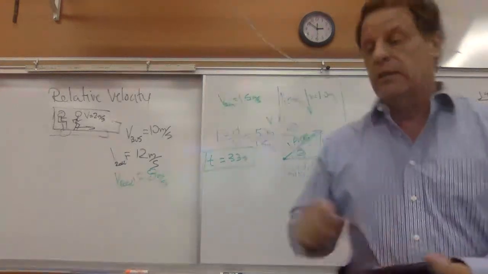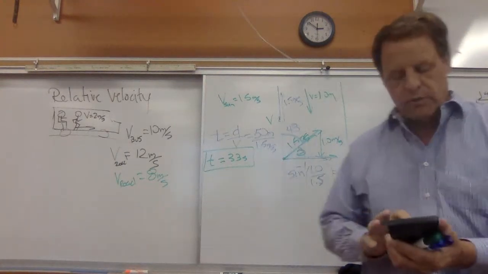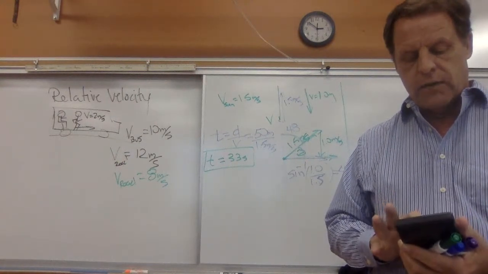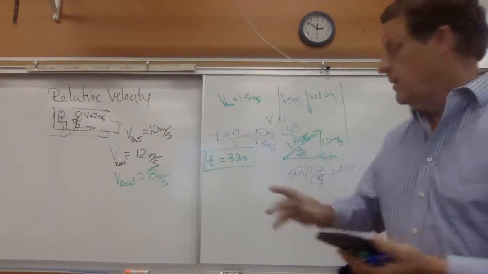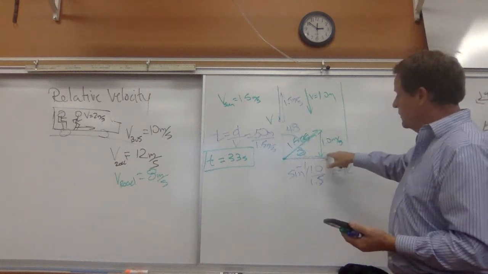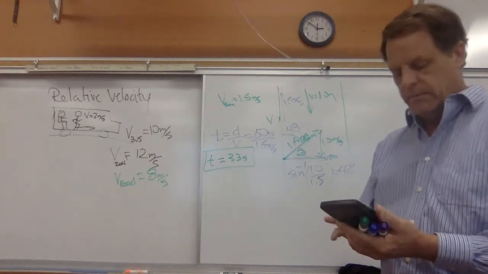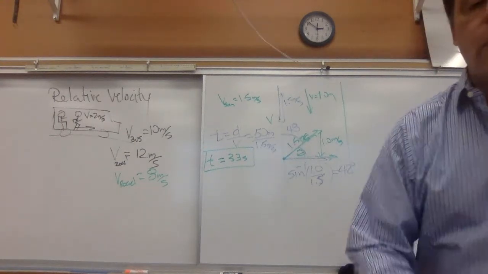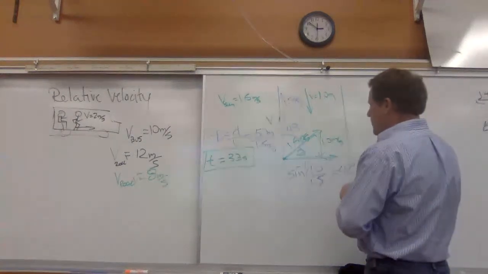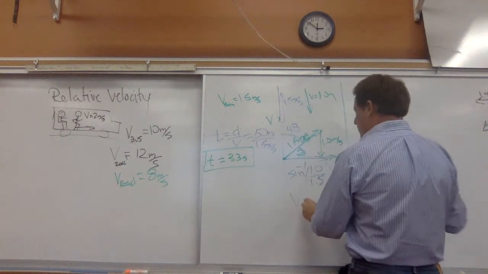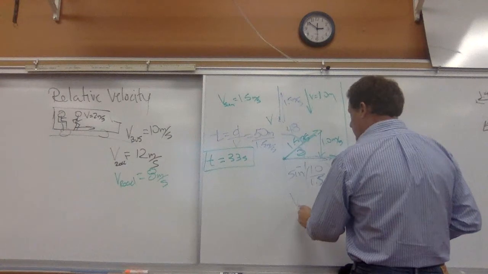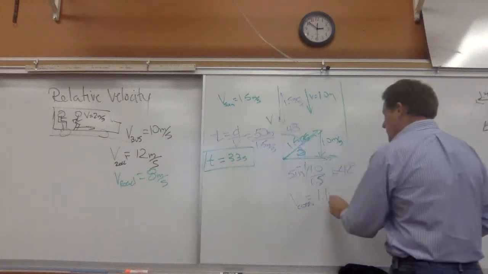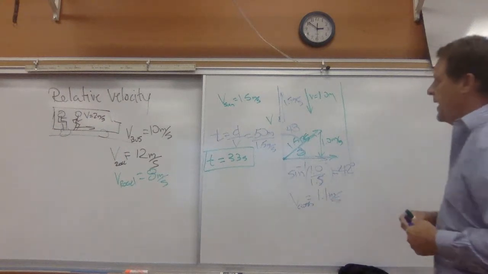Well, now your actual velocity moving across the river is going to be the square root of 1.5 squared minus 1 squared, and you'd only be moving at 1.1. So your velocity with respect to crossing the river would be 1.1 meters per second.